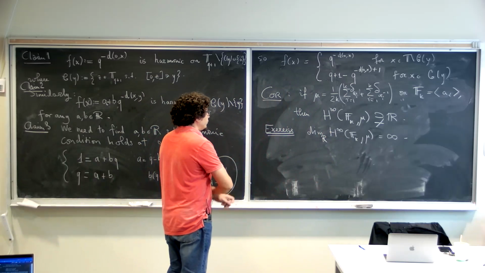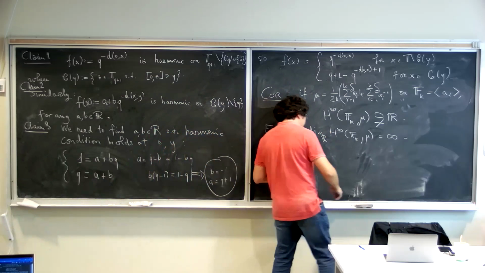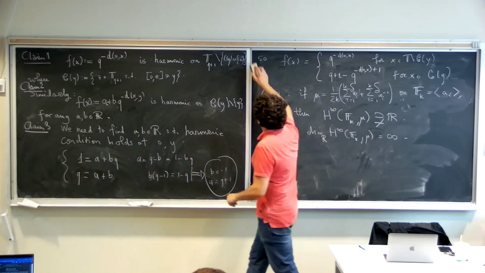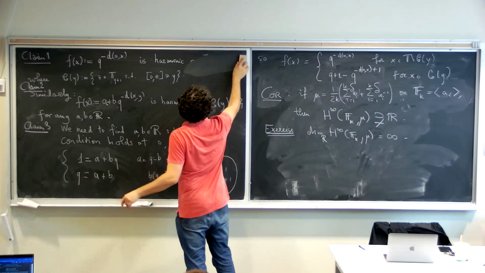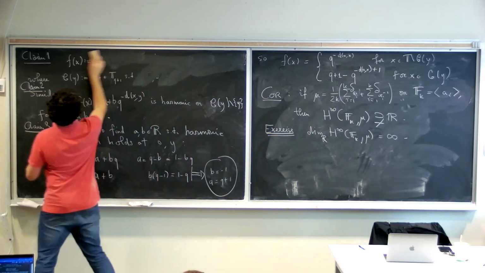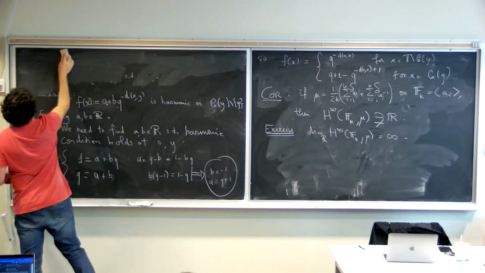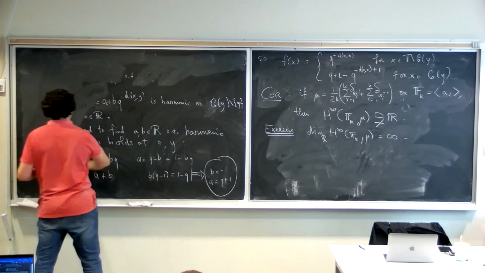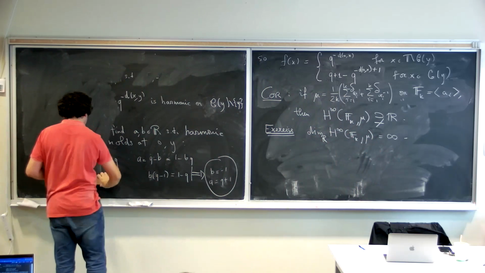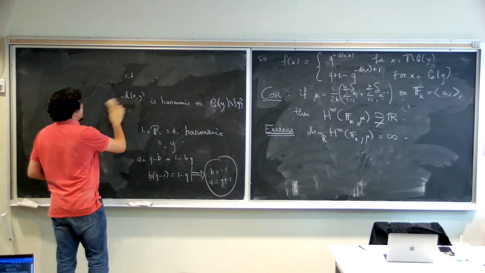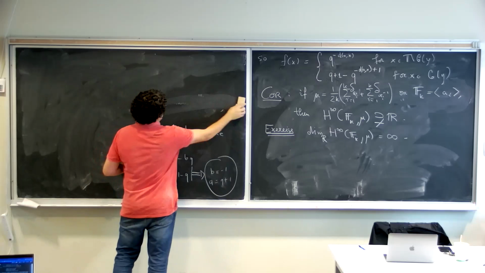Okay, so now let's go back to abelian groups. We still want to say a few things on this type of group, and other groups that have some flat structure.